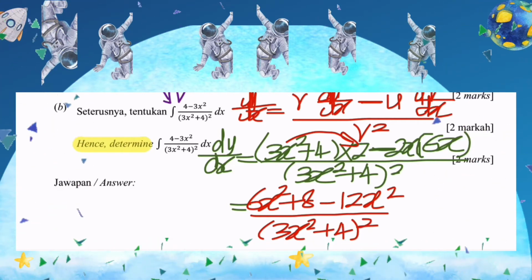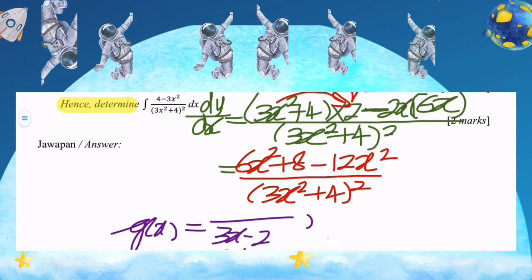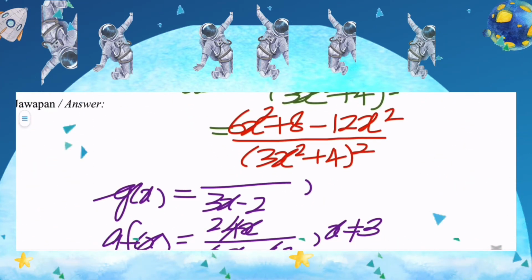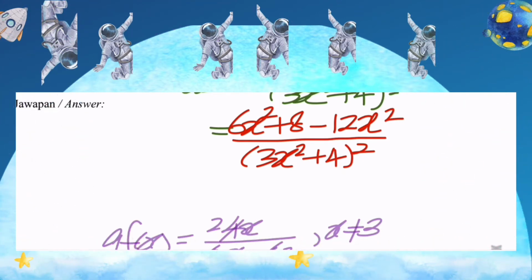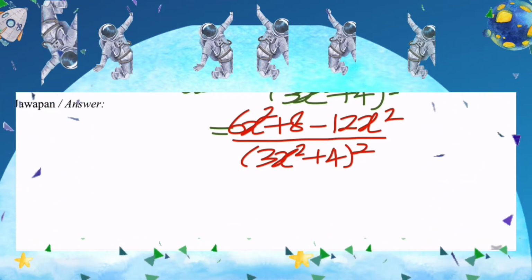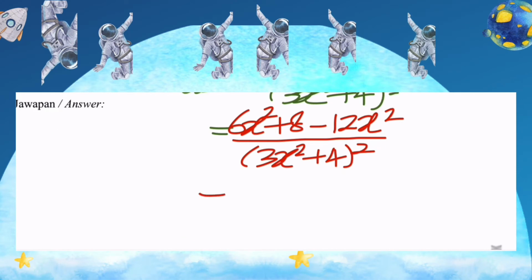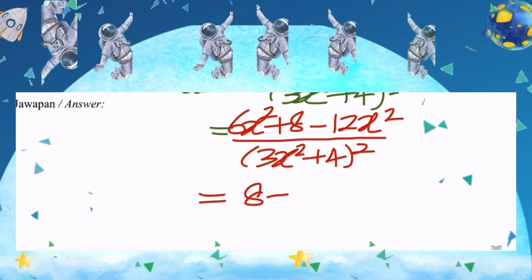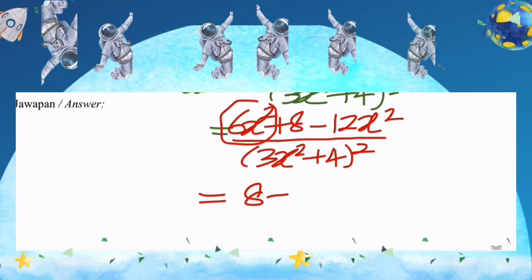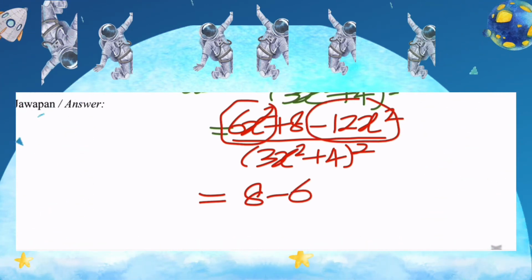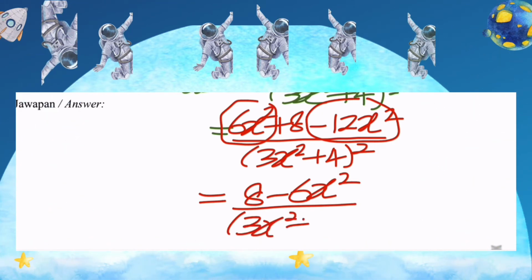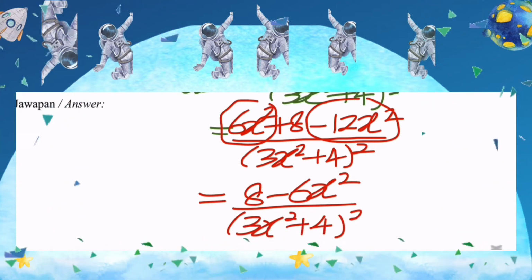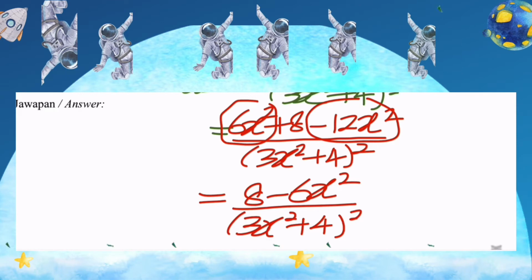We need to simplify further until the simplest form. Now 6x squared minus 12x squared, they are like terms. So we get negative 6x squared, right? Over 3x squared plus 4 squared, right? So this is the dy dx.